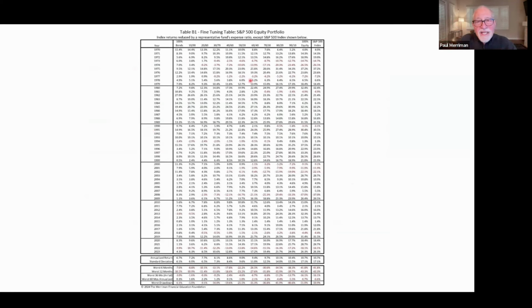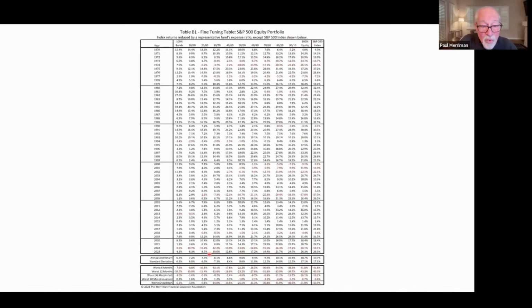So we see the S&P 500 here, annual return. We see its compound rate of return over this period of 54 years is 10.7. But then we look at the returns by adding some amount of fixed income. And by the time we get down to a 50-50 strategy, half in stocks and half in bonds, instead of 10.7, it's 9.